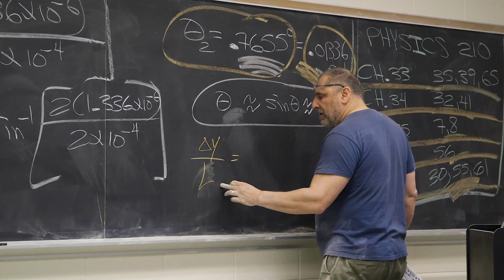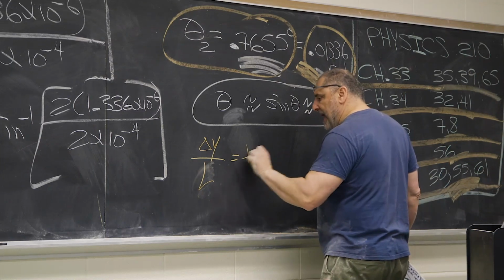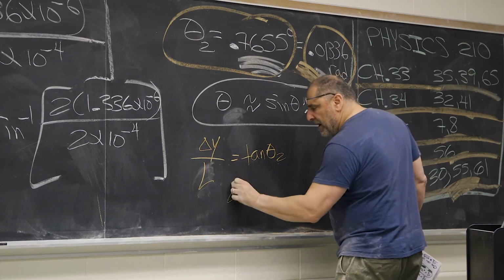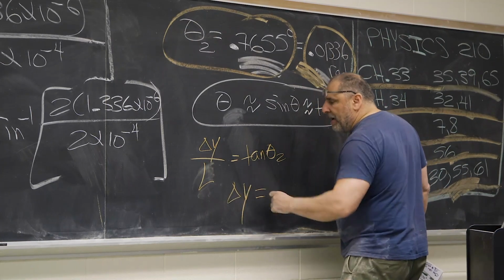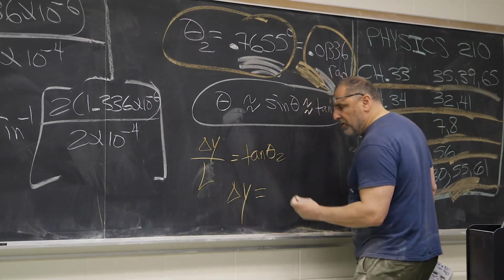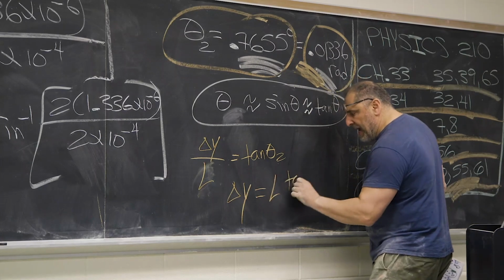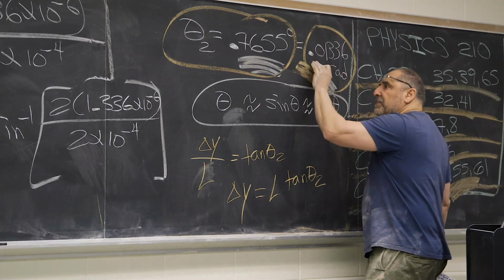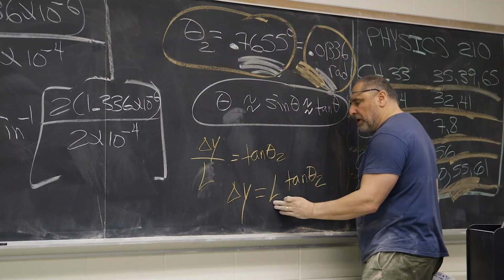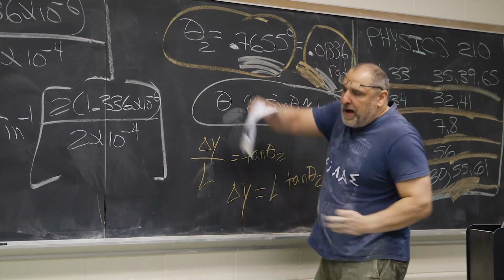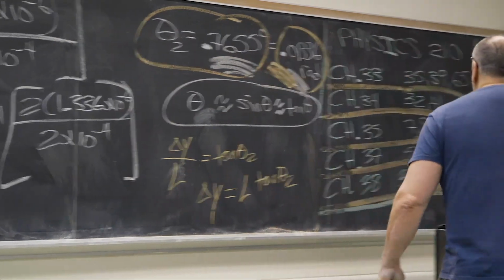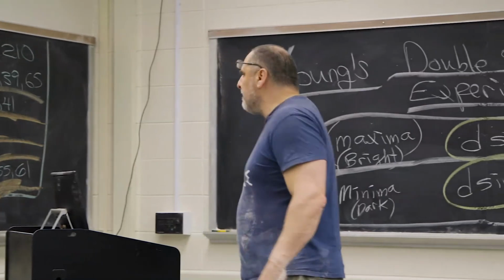Big triangle, find the tangent, and that's the tangent of theta sub 2. Now nobody asked you that, but the delta y here, delta y sub 2, for example, would be L tan theta sub 2. Take theta sub 2, get the tangent, multiply by capital L, you'd find the displacement from the central fringe that way. Okay. All right, that would take us through 35.